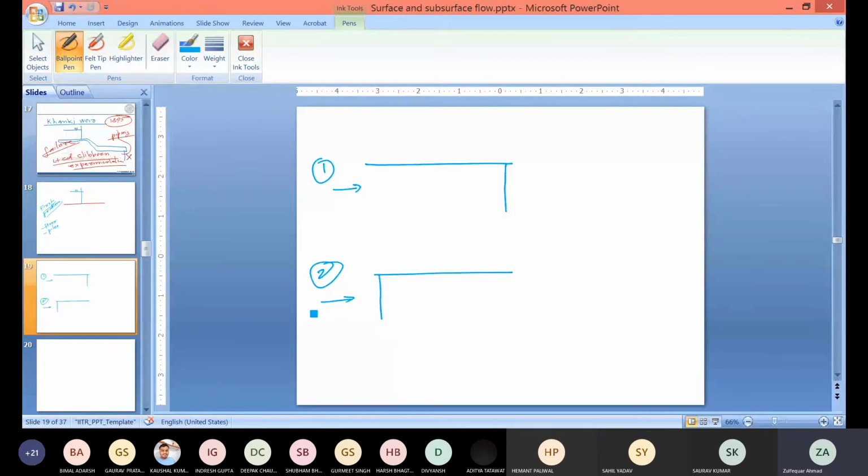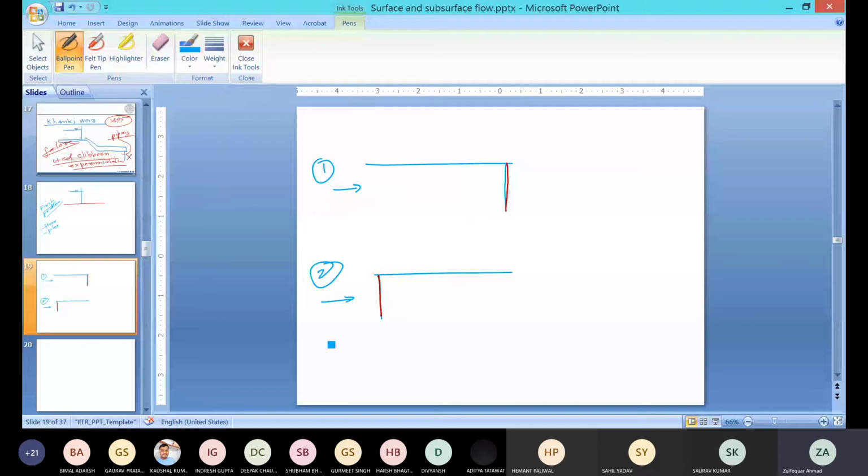So you have the sheet pile in the downstream here. Here the sheet pile in the upstream. The third one was, okay, let us say we are not providing the horizontal floor having the negligible thickness.